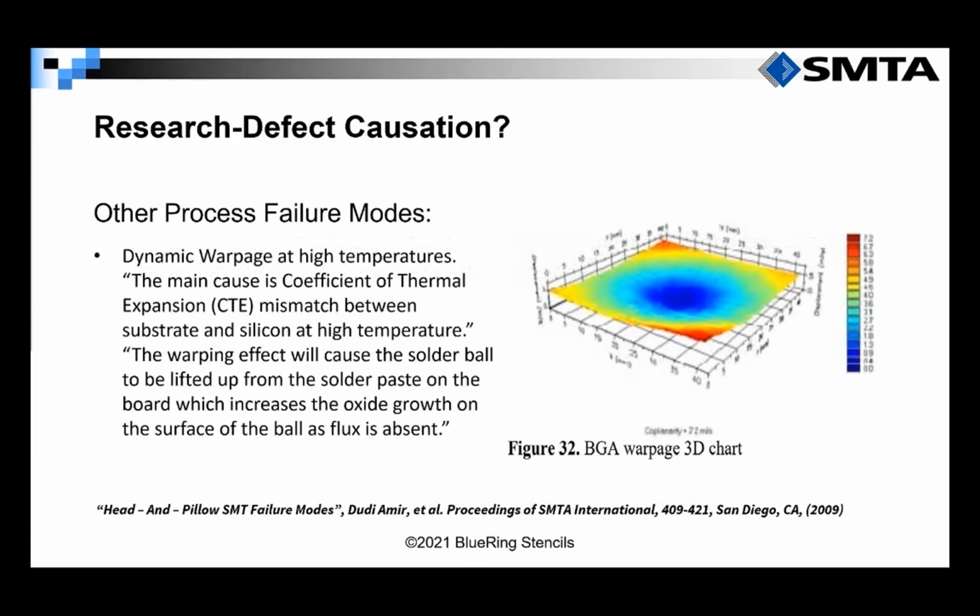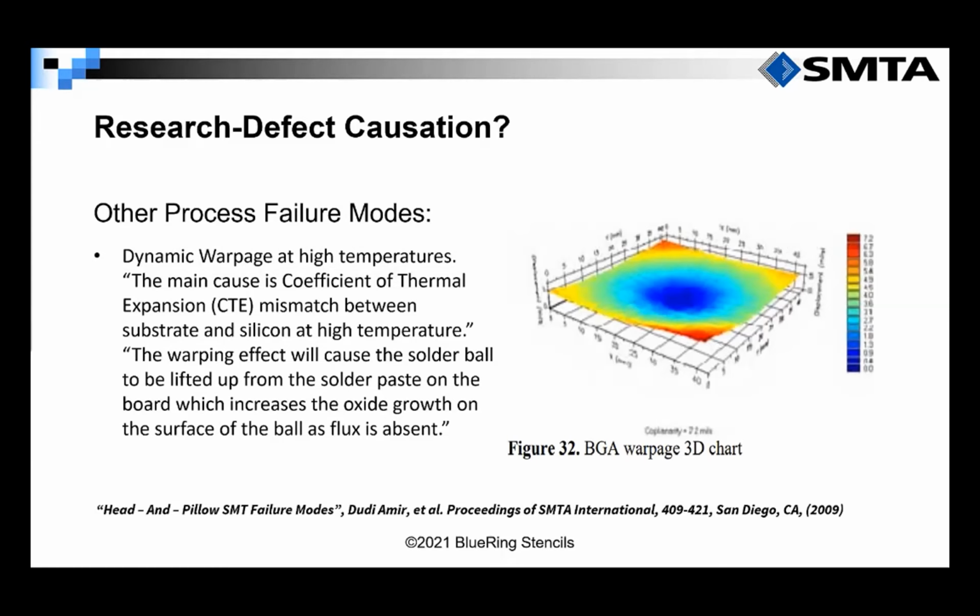One variable I do want to emphasize is the dynamic warpage that occurs in BGAs during the high temperature reflow process, especially with lead-free alloys. The main cause here is the coefficient of thermal expansion mismatch between the substrate and the silicon. When this occurs, the solder balls in the component corners are lifted up from the solder paste on the board.